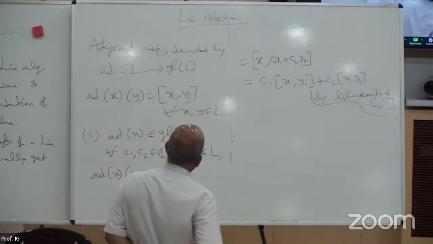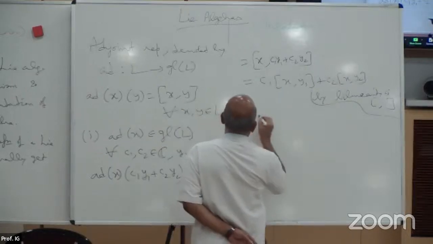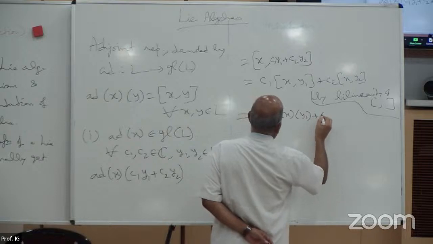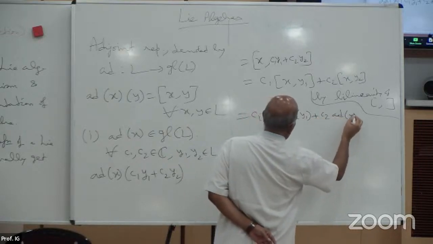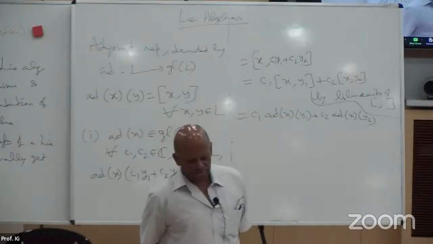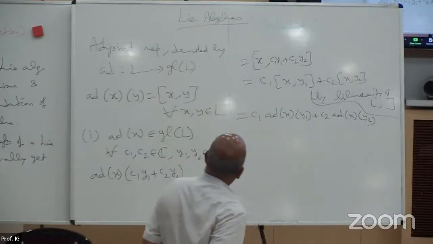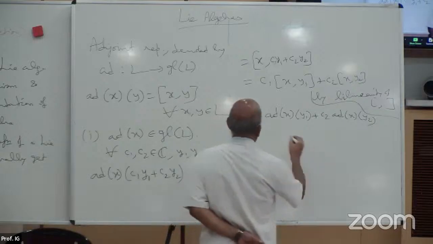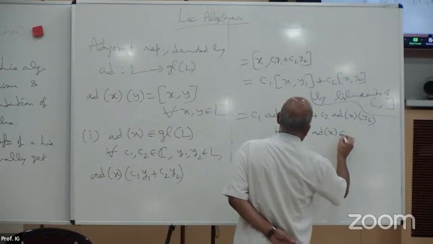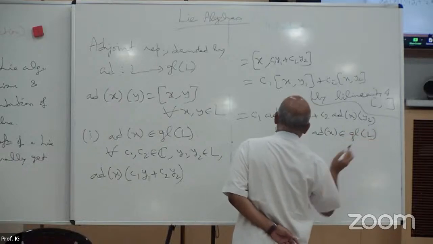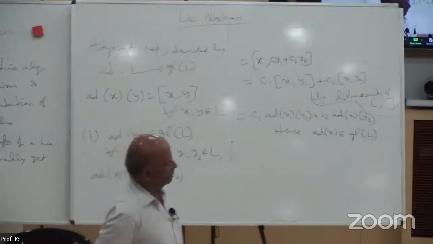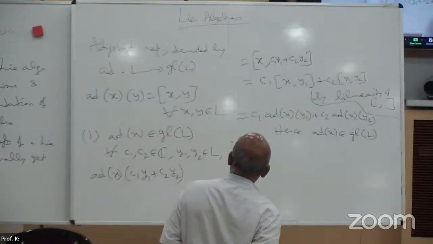And this is nothing but c1 ad x of y1 plus c2 ad x of y2. Okay, so the bilinear condition helps us to say that ad x belongs to GL(L). So this is the first condition. For every x, ad x has to be an element of GL(L).